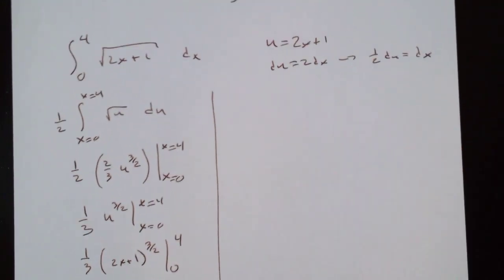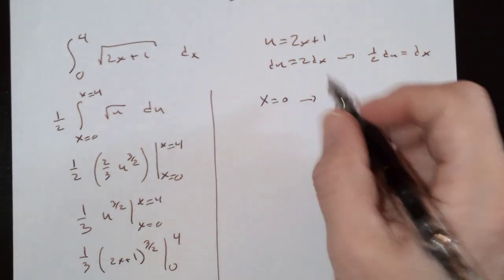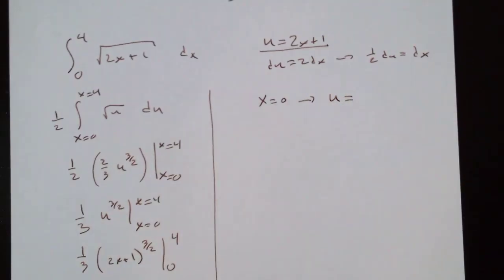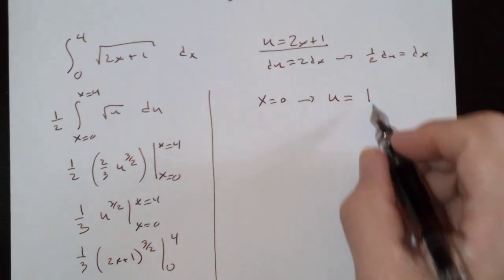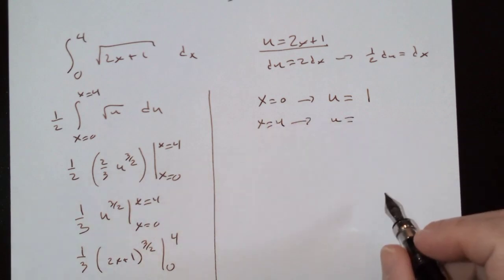I had this substitution right here. If I wanted to change everything, I could change the numbers. If x is 0, and I use this expression, what's the value of u? And if x is 4, then u is.